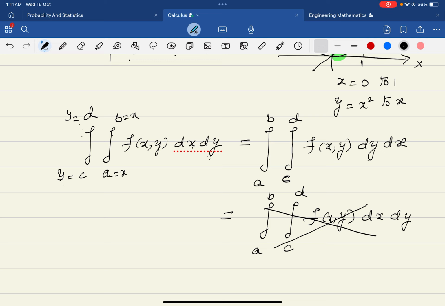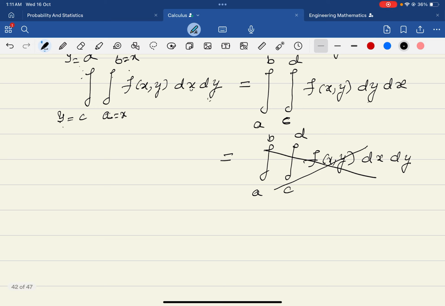Why? Because x limits are not from c to d. X limits are from a to b and y limits are from c to d. So whenever you are writing dx and dy, the x limits are from a to b and y limits are from c to d. You can write like this. Is that clear?